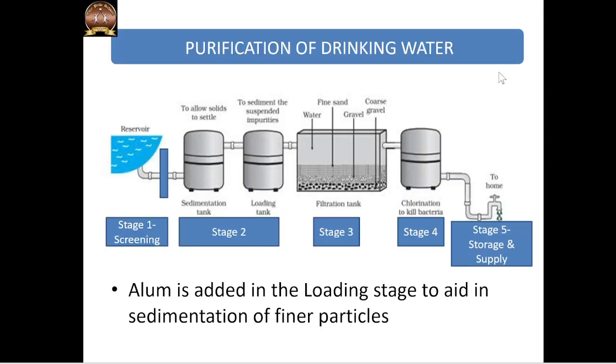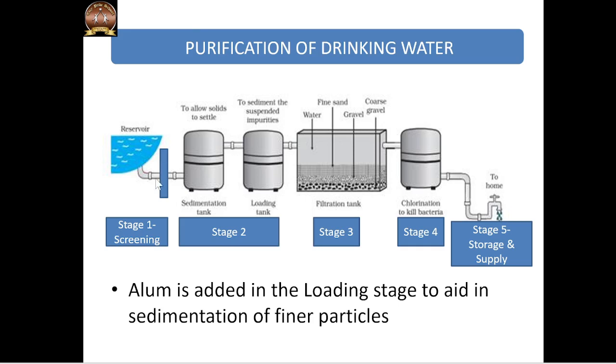Let's take a look at the different steps involved in purification of drinking water. Most of the water that we consume comes from the water that is stored in reservoirs, in dams, which actually are a direct source from the rainwater, and the water that comes in from reservoirs moves to water treatment plants.